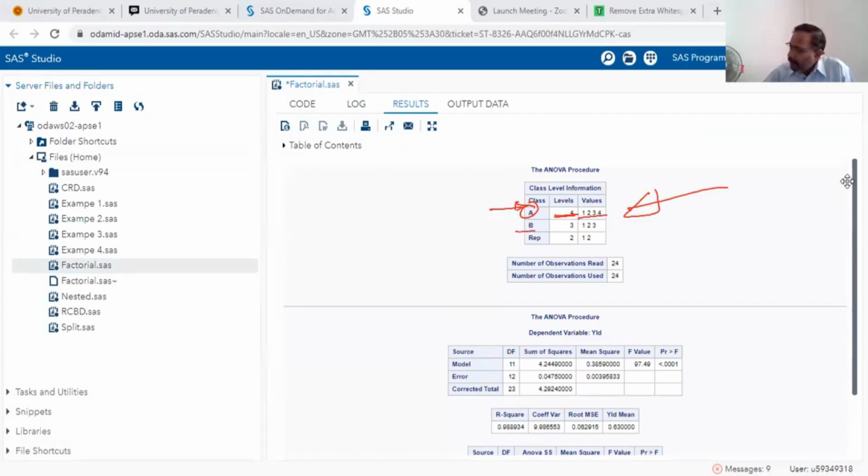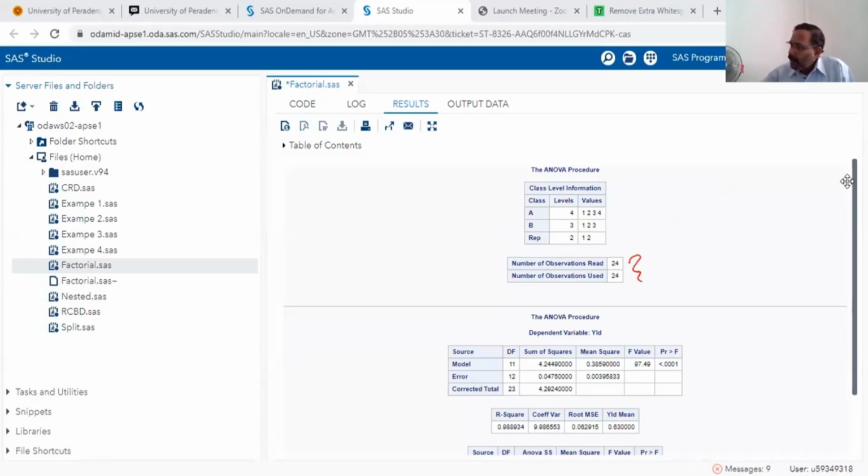Then B class, 3 levels, we coded as 1, 2, 3. Then we have replicates. How many replicates? 2 replicates. We coded as 1 and 2. So that is the basic information as usual. Here, no problem in the data. All the data are valid data, no missing data.